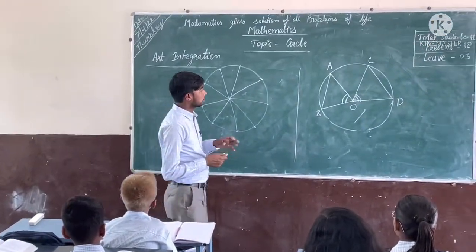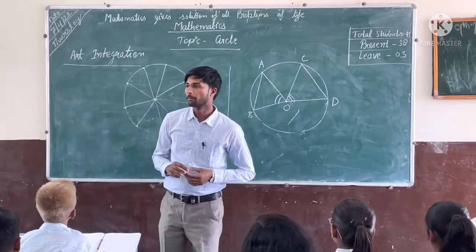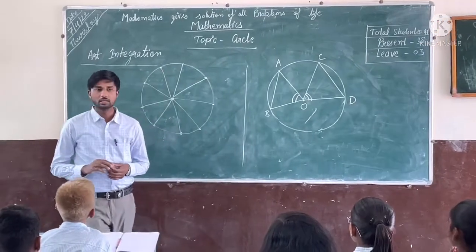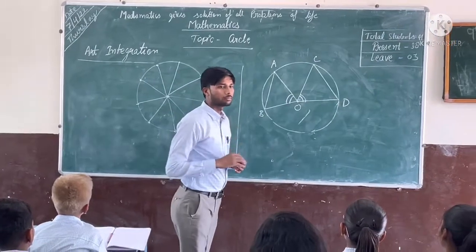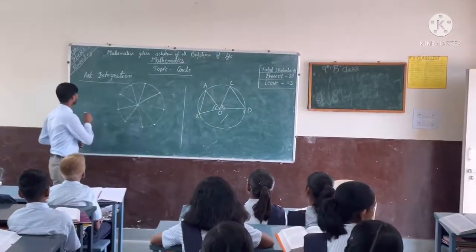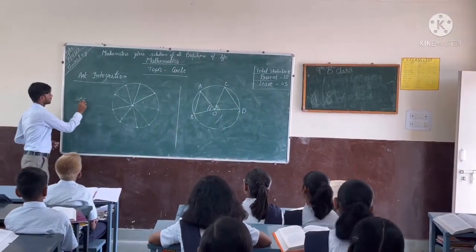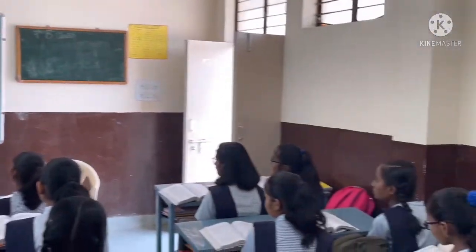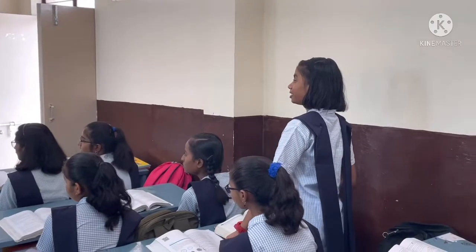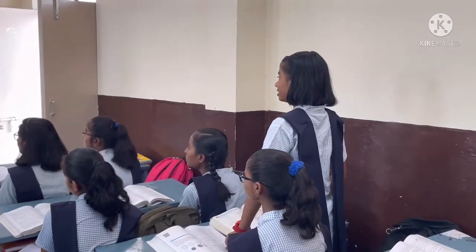So now last is how to explain the secant of a circle. How to explain the secant of a circle? Yes, Bhavna, stand up. What is the secant of a circle?